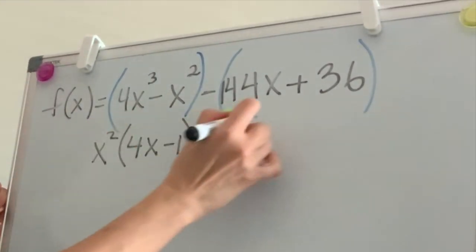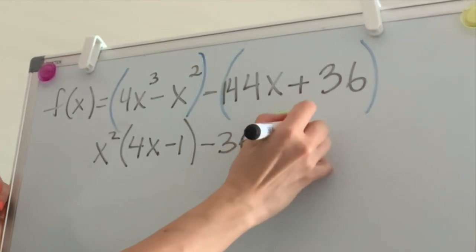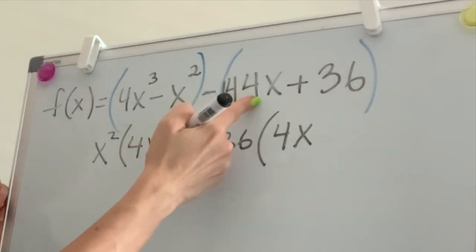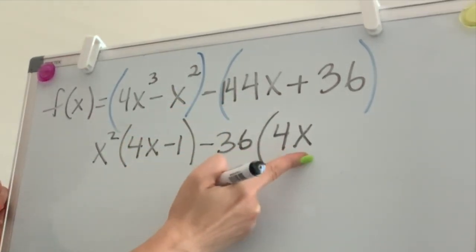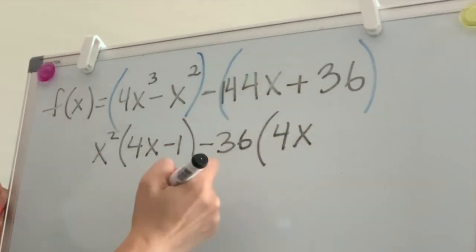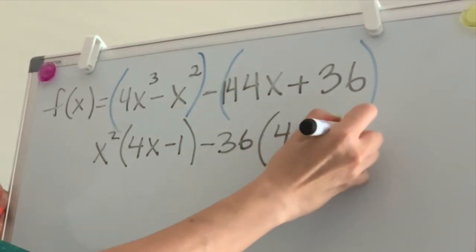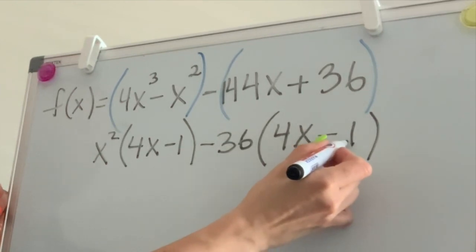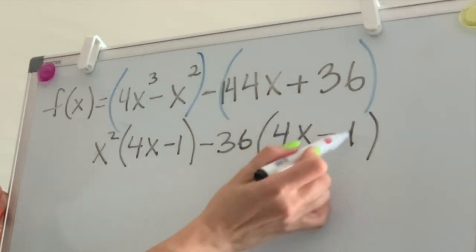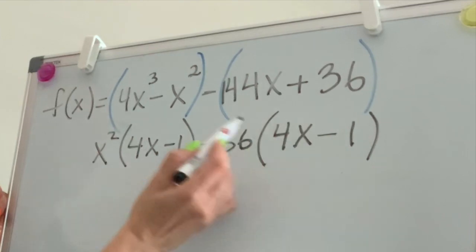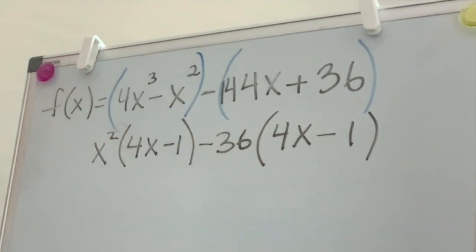That leaves me with 4x, because 144 divided by 36 is 4, and you still have the x. And then 36 turns into 1. Now I'm going to write minus 1, because it used to be plus 36, but it turns negative because of the negative symbol in front.